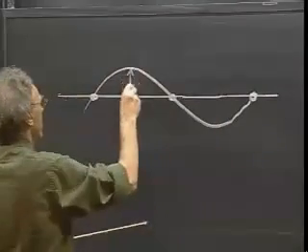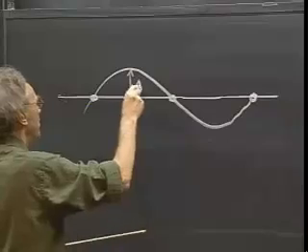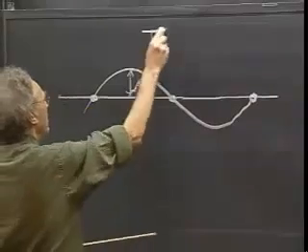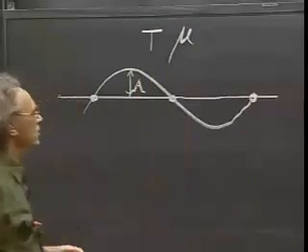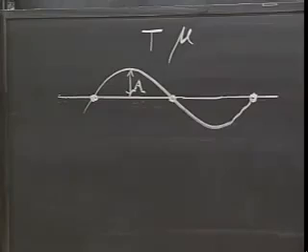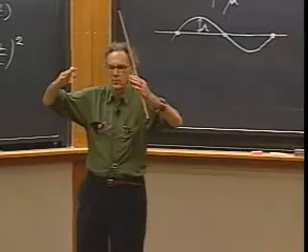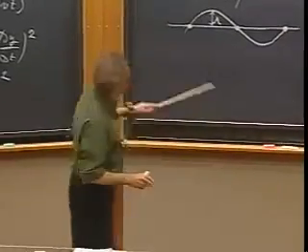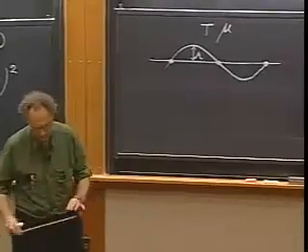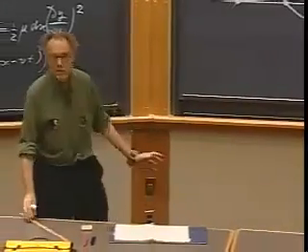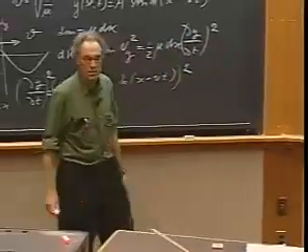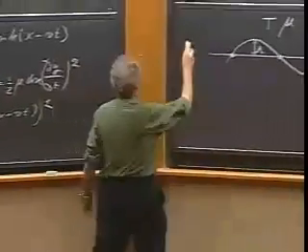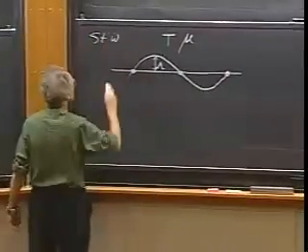And let's assume that the maximum displacement is A. Again, the tension is T, mu is the same, but when it comes to a halt, the maximum displacement in the center here is then A. And the question now is, how much energy is there in a standing wave? So this was a traveling wave, this is a standing wave.